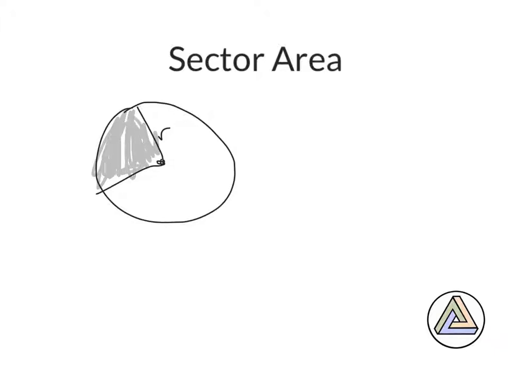Now, what's awesome about sector area is there are a lot of similarities with the arc length, like with the formula, where it's once again going to be the part over the whole. We can see how this is a piece of the area. In other words, this has an area, and it's part of the whole area. Well, what's the area of a circle?